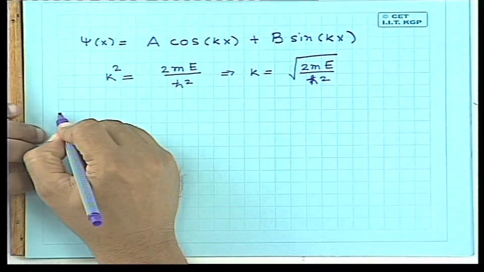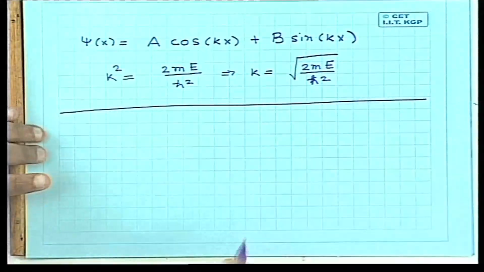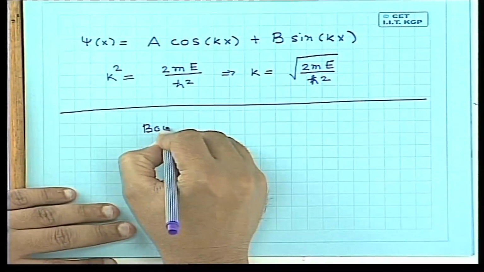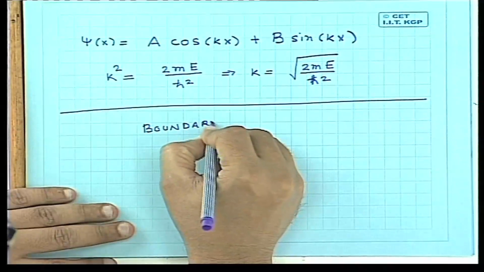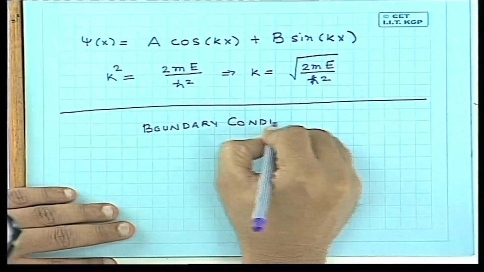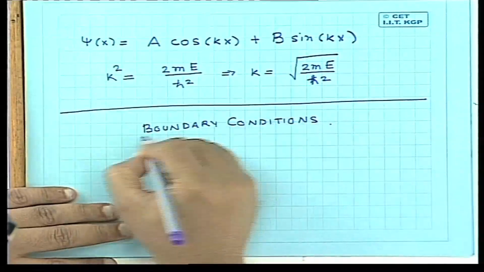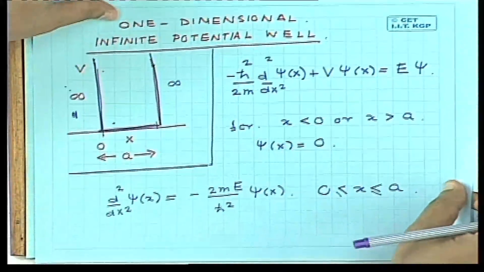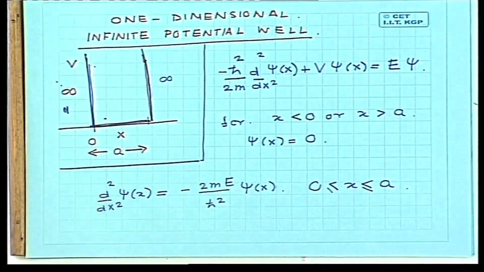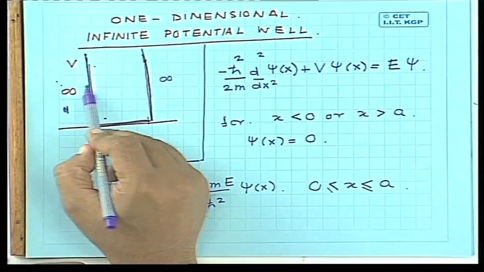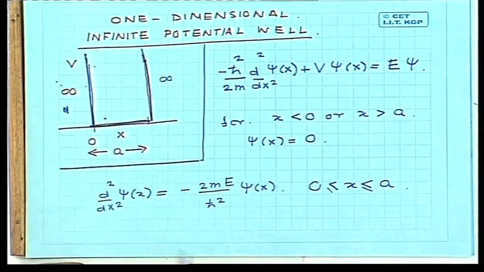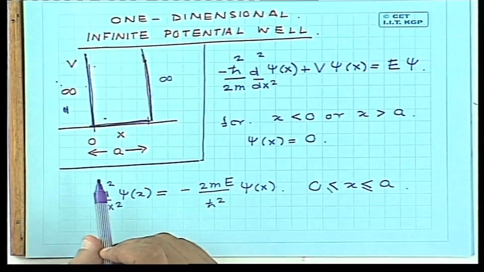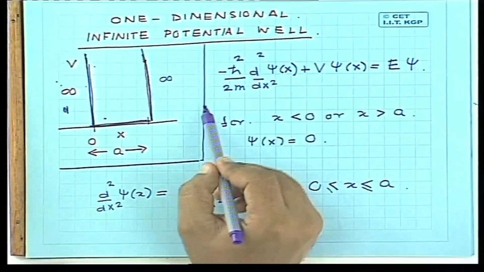Now let us also look at the boundary conditions which have to be applied to this equation. The wave function should be continuous at the two places where the potential suddenly shoots up, at the boundaries, because the Schrodinger equation involves the second derivative.